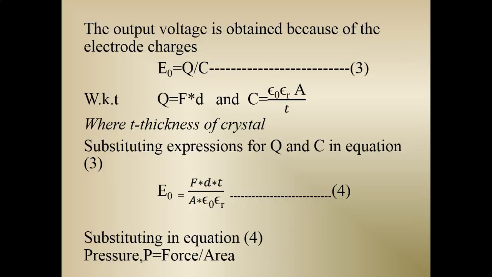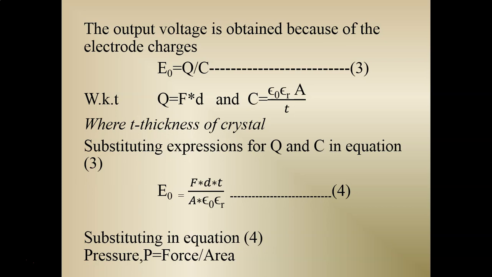The output voltage because of the electrode charges is given by E naught equal to Q by C. Already we have seen Q is F into D, and capacitance C is given by epsilon naught epsilon R into A divided by T, where T denotes the thickness of the crystal.